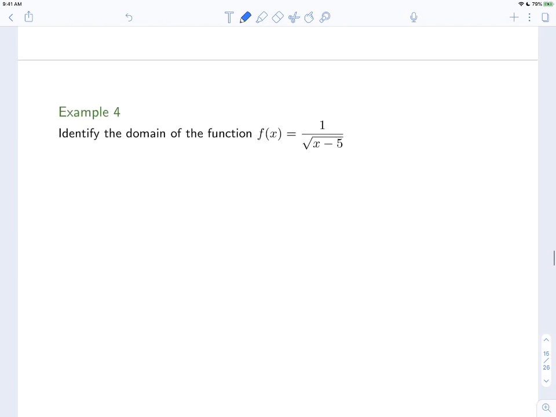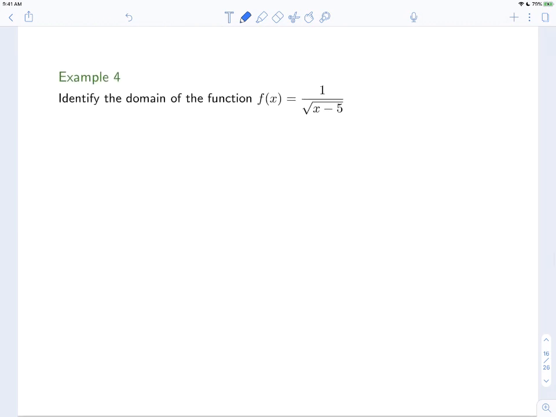So because we have a radical in the denominator, we still have to make sure that everything inside the radical is positive or possibly 0, but it's in the denominator now, and so it can't be 0. So since the square root of x minus 5 is in the denominator, the square root of x minus 5 now cannot equal 0.